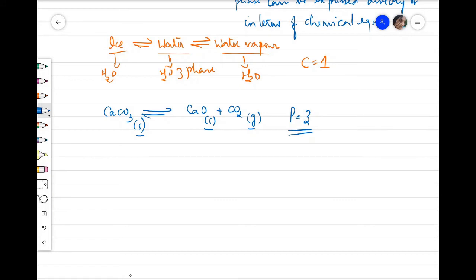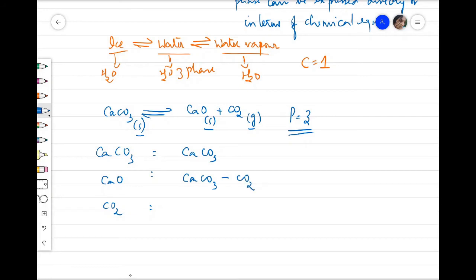So we define 3 phases: a calcium carbonate phase, a calcium oxide phase, and a carbon dioxide phase. Now, as I said, there are 3 chemical constituents here. For the first phase, I will try to use only calcium carbonate. For the second, I cannot just use calcium carbonate, because I have to take minus CO2, then it will be equal to CaO.